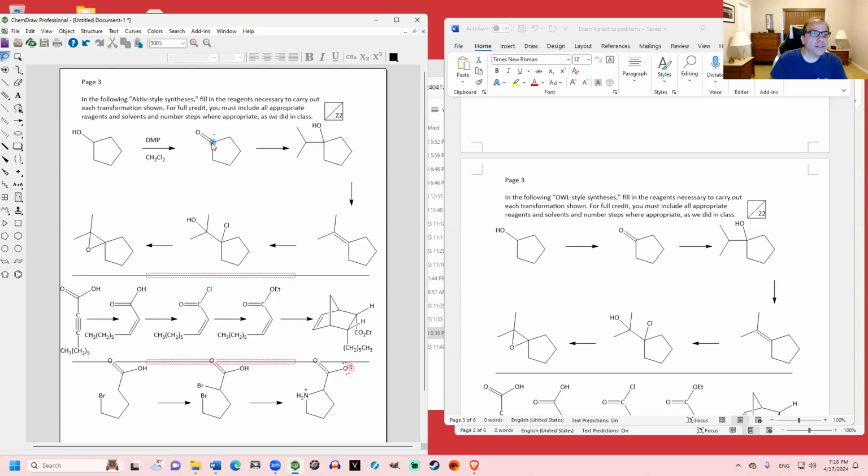The second one has the ketone going to this tertiary alcohol. And you can see that what's changed is we've added this isopropyl group. So how are we going to add an isopropyl group to a ketone so as to make a tertiary alcohol? The best way to do that is with a Grignard reagent.